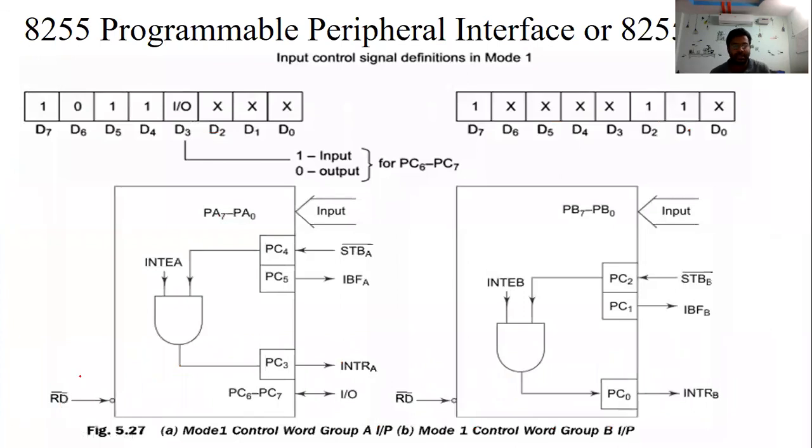Okay, now see this, very important. This is the mode 1 control word for group A as input, as well as mode 1 for group B as input. Now suppose port A works as an input port and port B works as an input port.